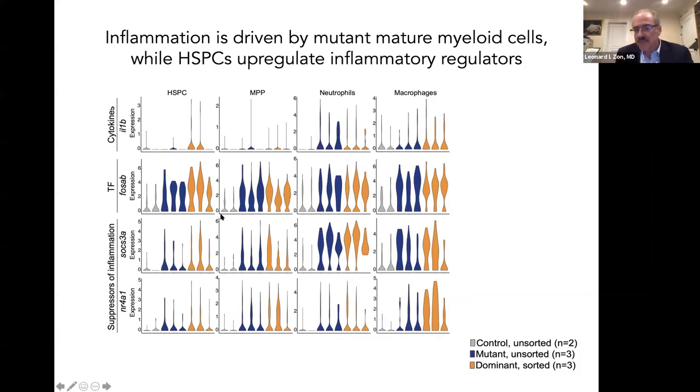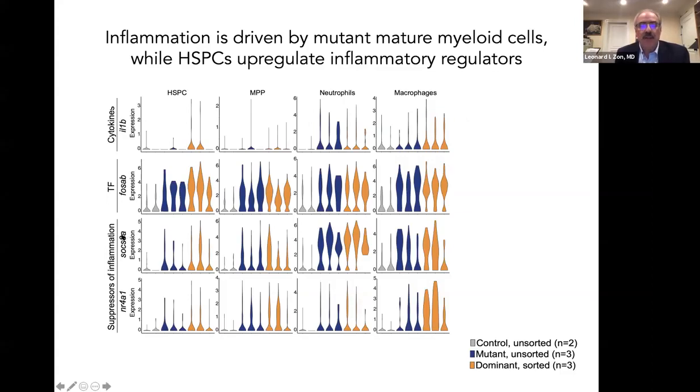And when we do this, we see that in the mature lineages, let's say we look at IL-1 or TNF-alpha, we see that this is higher in the macrophages than the neutrophils, but is also true a little bit in the stem cells. And if you look at these populations, the IL-1 and TNF-alpha are thought to drive some of the clotting abnormalities that are seen in these patients who have clonal disorders.